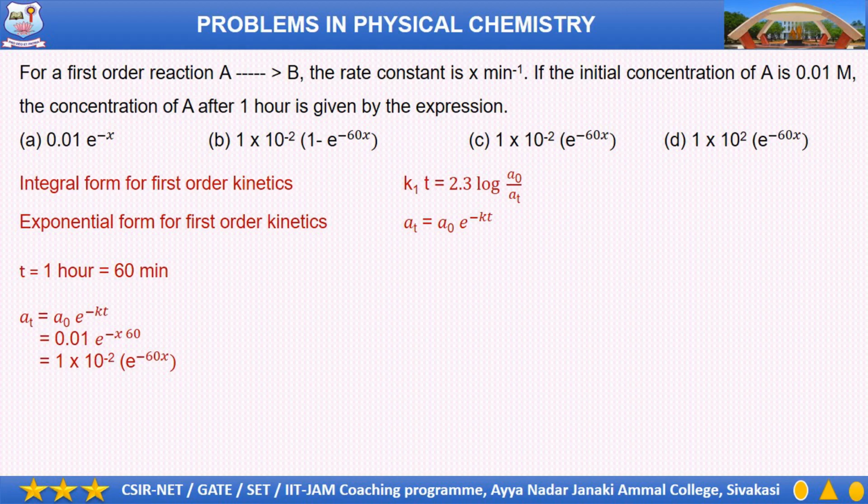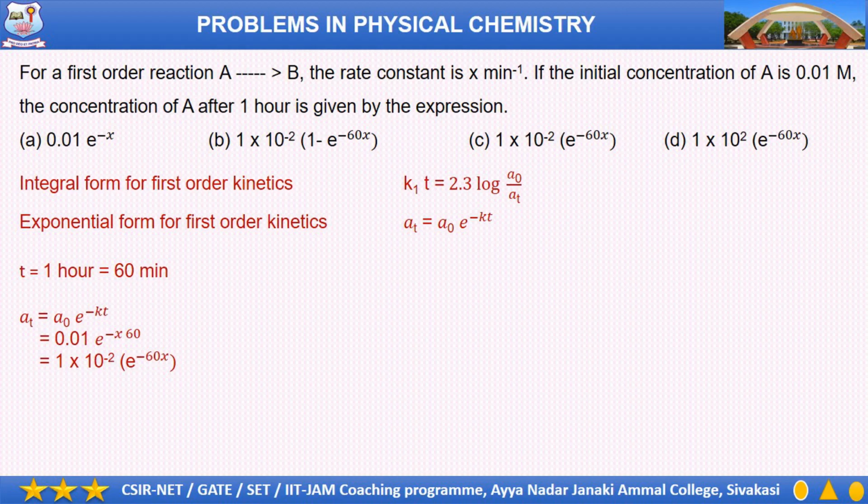If the initial concentration of A is 0.01 molar, the concentration of A after 1 hour is given by the expression: option A, 0.01 e power minus X; B, 1 into 10 power minus 2 e power minus 60x; C, 1 into 10 power minus 2 e power minus 60x; and D, 1 into 10 power 2 e power minus 60x. What is the correct expression for this?